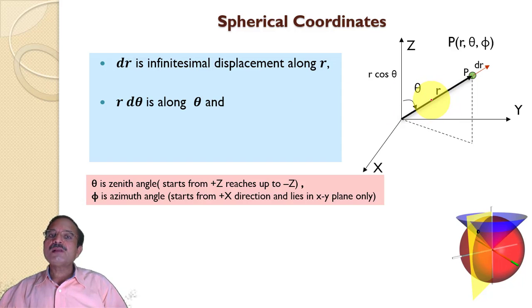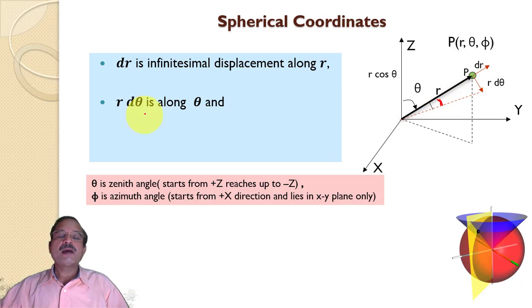Because of this small change in angle d theta, this length is the differential displacement. Because this is length r and this angle is d theta, r into d theta is this length. So, r d theta is the differential length along theta.